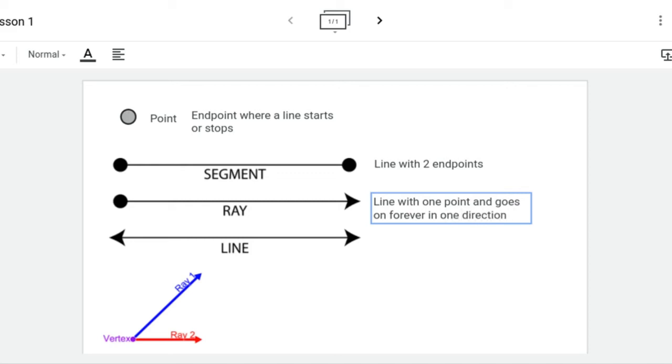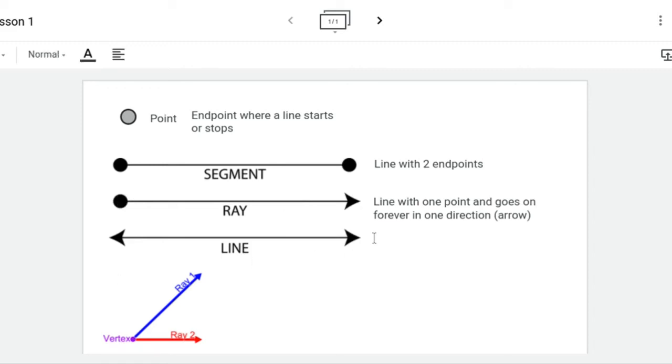We know that because it has an arrow on one end. That arrow tells us that the line keeps going. So a ray has a point on one end and an arrow on the other end.